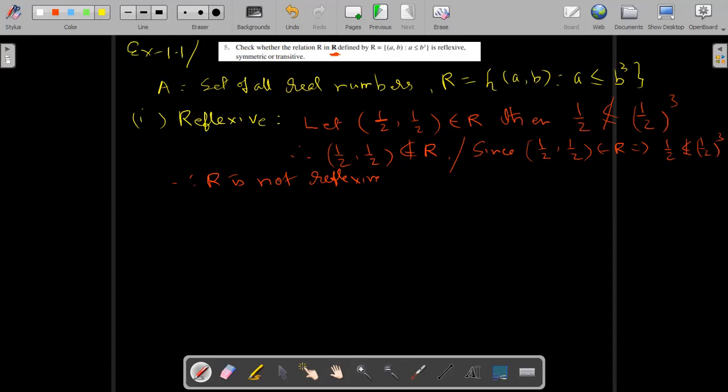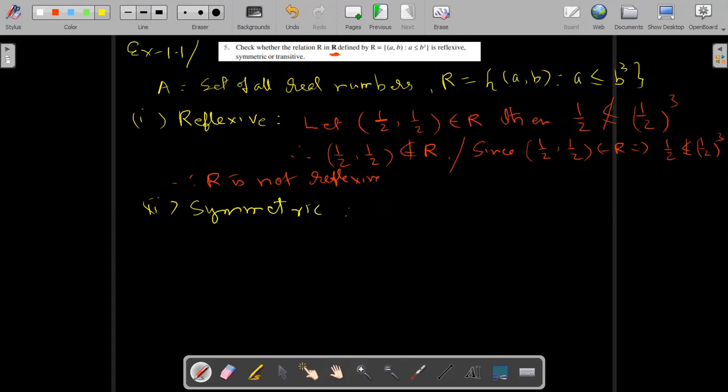Second, symmetric. Symmetric, again we have to find some examples.